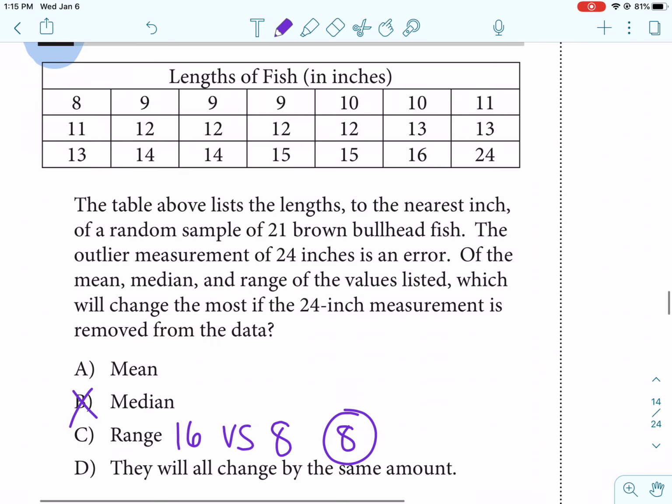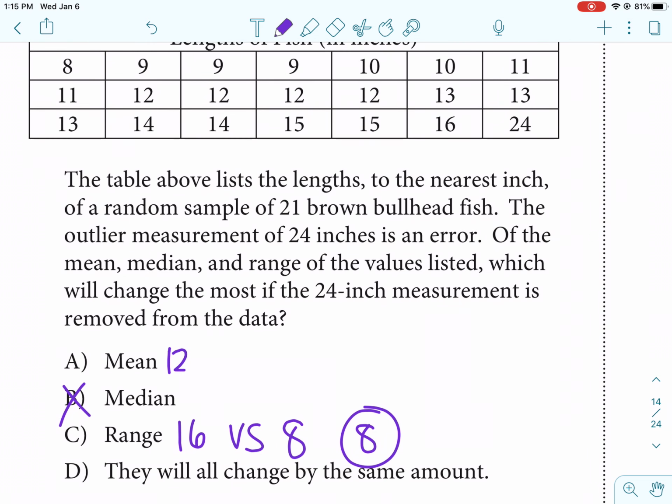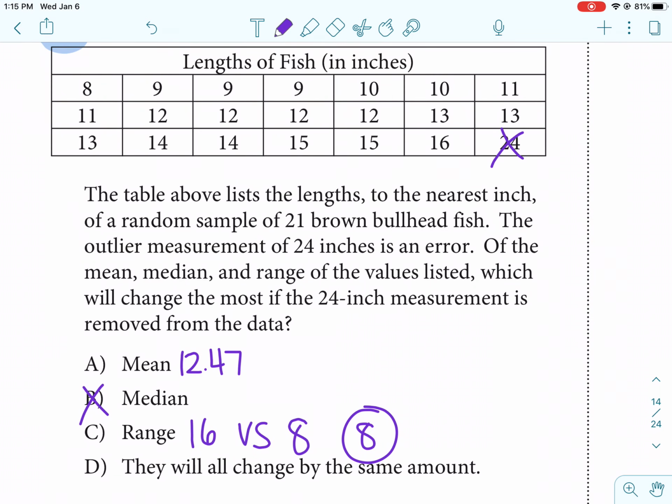There are, let's see, 1, 2, 3, 4, 5, 6, 7 by 3, so 21 values. So I'm going to divide that by 21. And I get an average of 12.47. Now get rid of the 24. If I do 262 minus 24, that adds up to 238. But I also got rid of a value, so now there's only 20 of them.